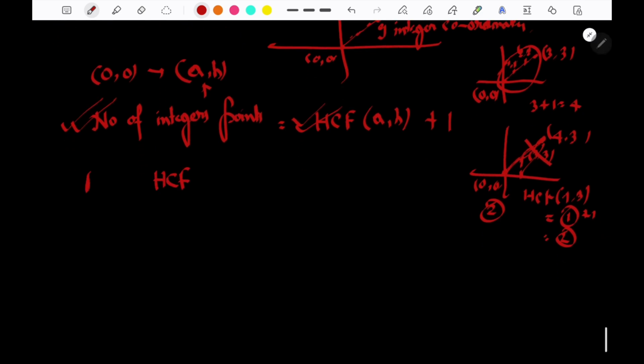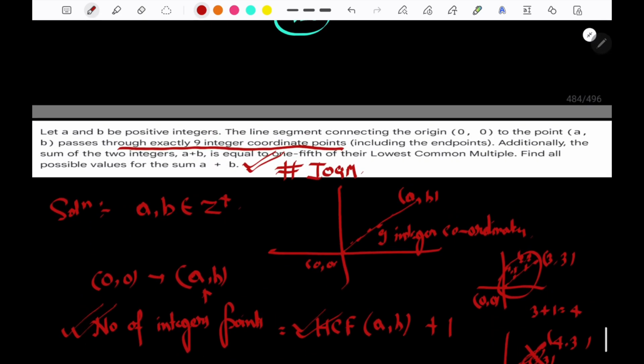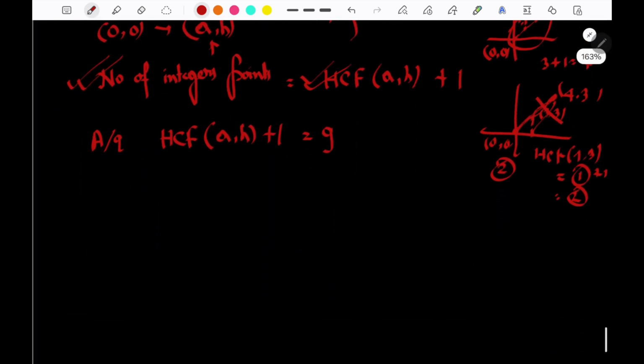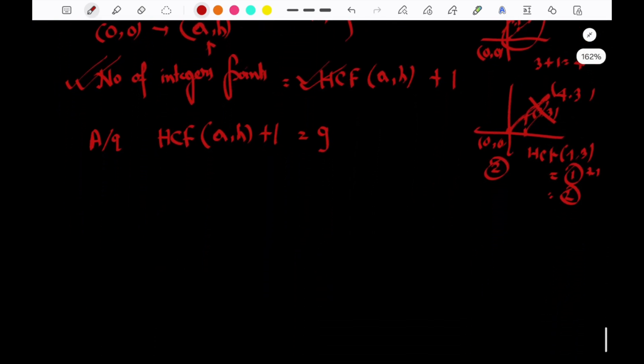Why? We got the HCF now. According to the question, HCF of a comma b plus 1 is given as 9, since they are saying 9 integer coordinates. So HCF of a comma b is equal to 8. Done.